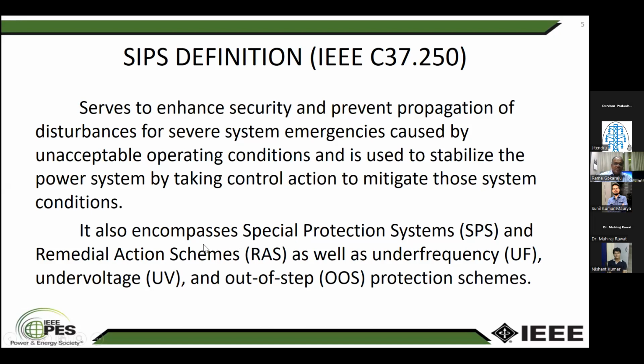It also takes into account the remedial action schemes to correct whatever event has happened. And there are several other protection schemes that can operate, like under frequency, under voltage, or out of step protection schemes. I'll be discussing the out of step protection scheme in detail as part of SPS. One thing I want to clarify is that out of step is one part of the system protection scheme. It is not the overall thing.